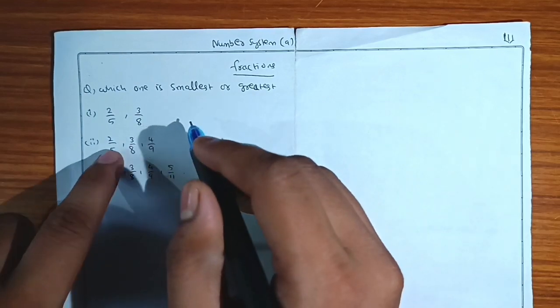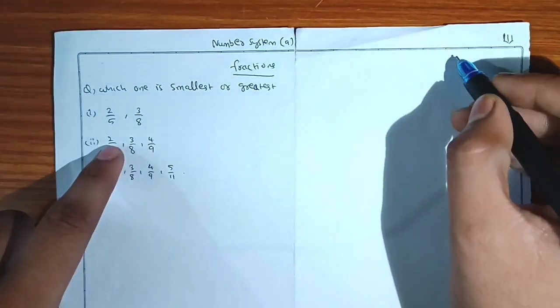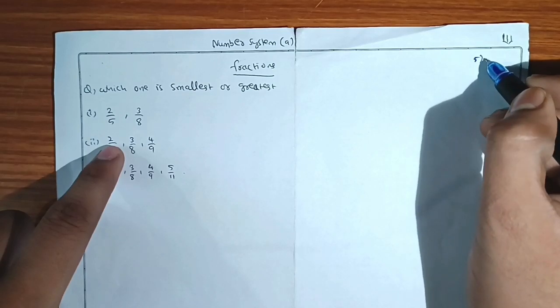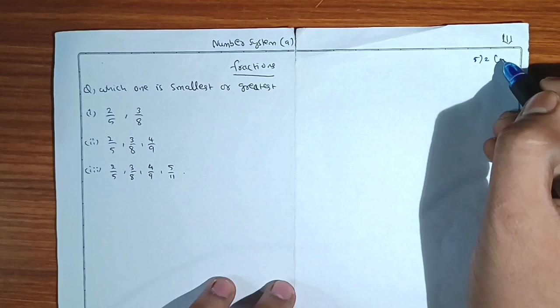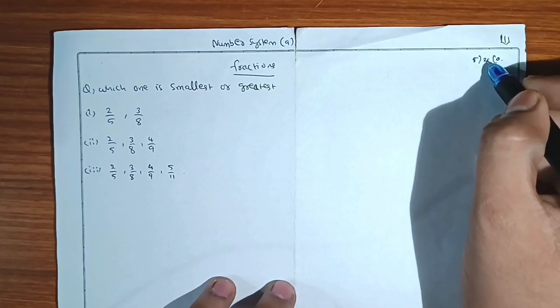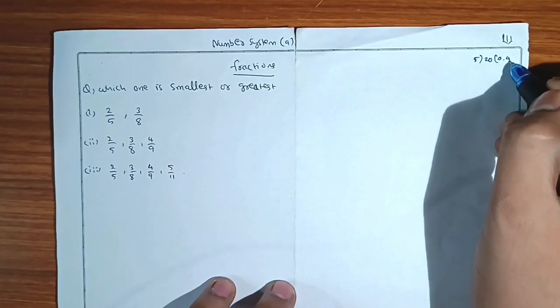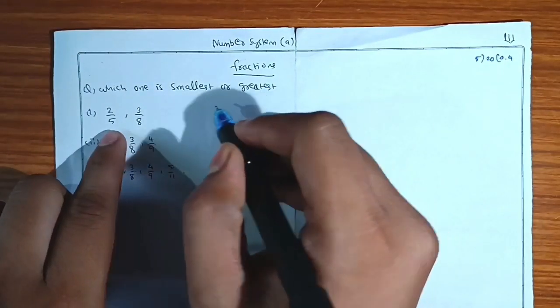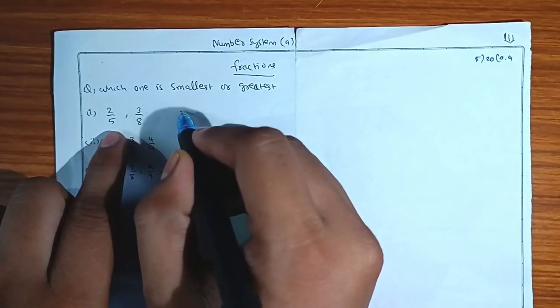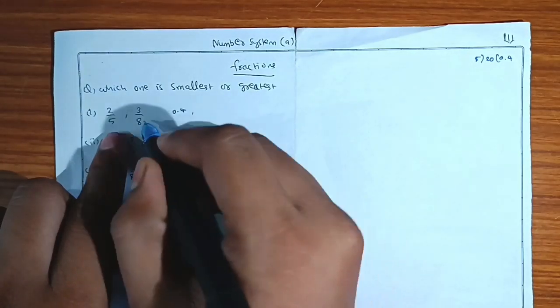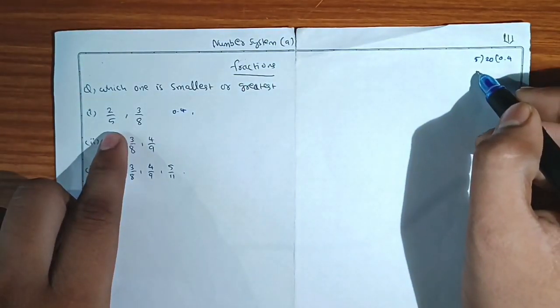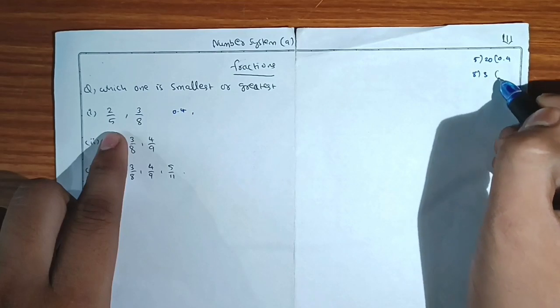So let us go with the basic method. 2 by 5, we can solve like this: we take 5 here and 2 here, and if we keep a point here we can add a 0, so it is 0.4. So 2 by 5 equals 0.4. And 3 by 8 we can write like this, 8 into 3.